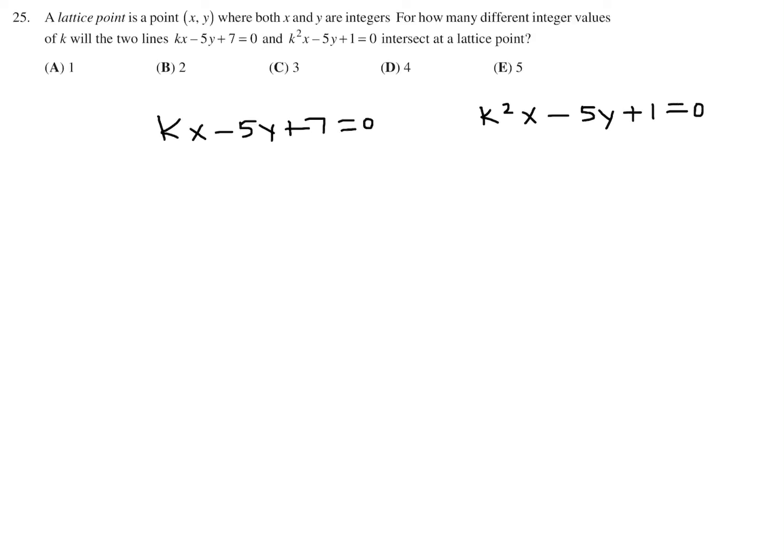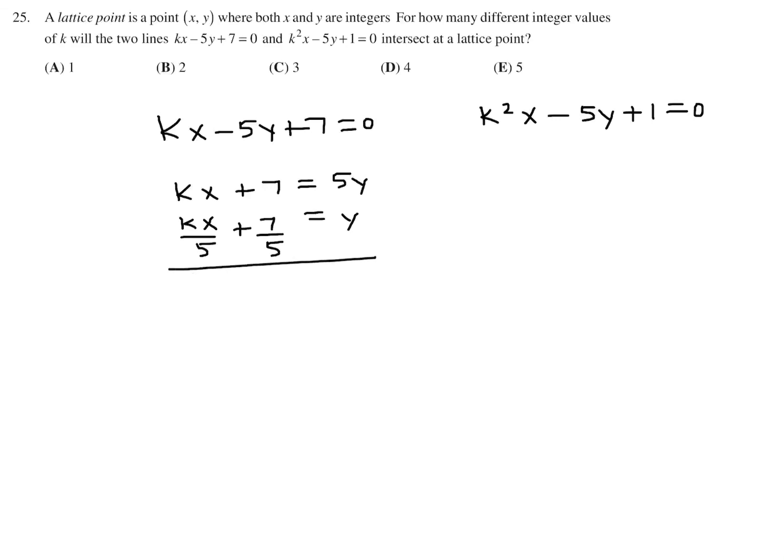So let's solve for y in each case. So this becomes kx plus 7 is equal to 5y, and therefore y is equal to kx over 5 plus 7 over 5.